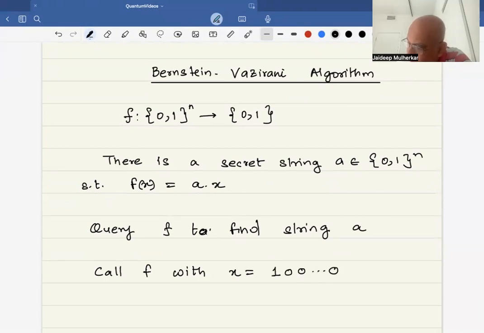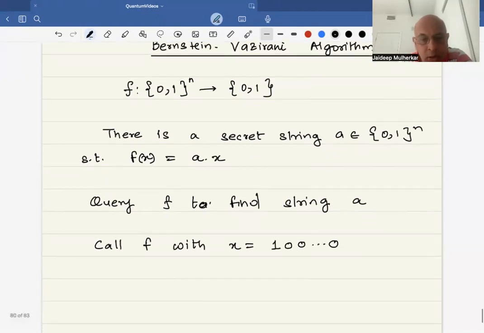If you call f with this, you will get f of x equal to a dot x. Since x is zeros except in the first position, f of x will be equal to a1. So this will be your first call.